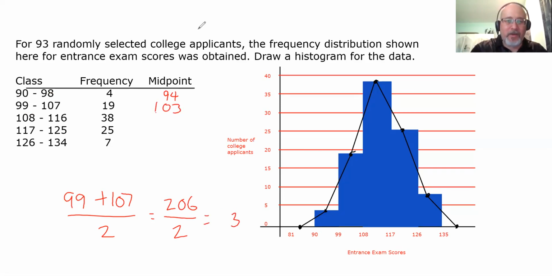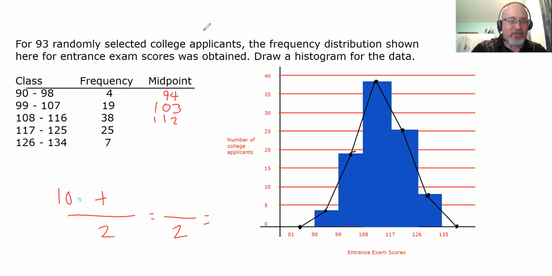For the next class, 108 through 116, 108 plus 116 is 224. 224 divided by 2 is 112. That is our third midpoint.